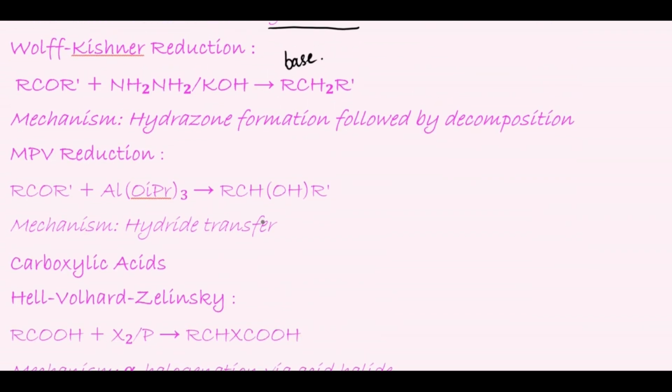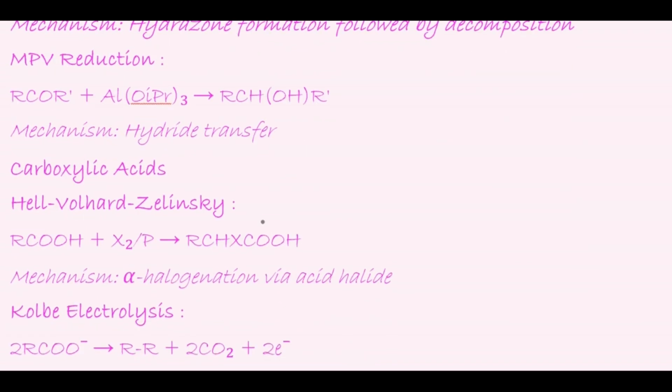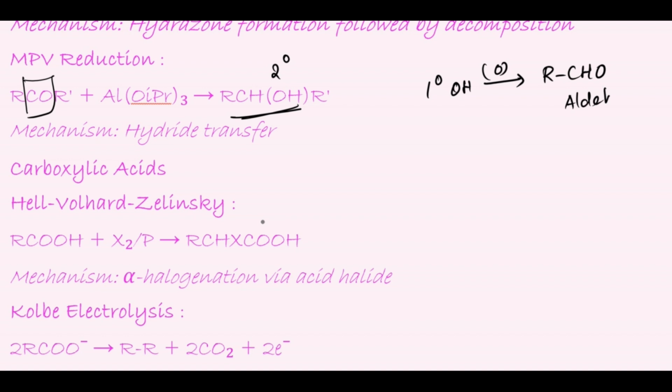So you can see alcohol means that you start with an aldehyde or ketone. Here you can say just ketone, that is giving us secondary alcohol. So one thing I want to make sure that primary alcohol, upon oxidation, will give aldehyde. On further oxidation, it will give carboxylic acid.